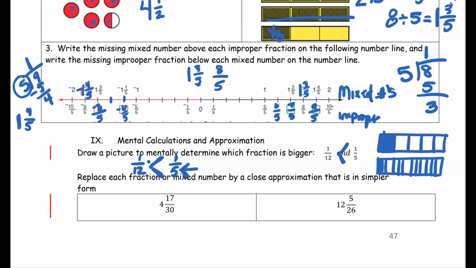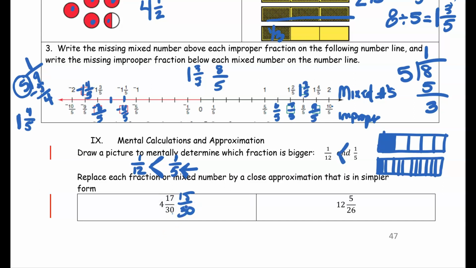And then last but not least, it says replace each fraction or mixed number by a close approximation that is in simpler form. So think of what you could change this to be. Like, what would be an easier number to divide by to 30 other than 17? And the first thing that comes to my mind would be 15, because 15 is half of 30.